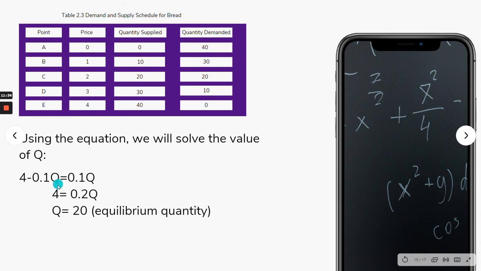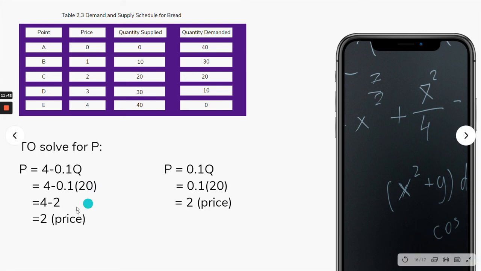So now that we have already solved the value of Q, we will solve the value of P. We go back to our two equations from earlier, P equals 4 minus 0.1 Q, and P equals 0.1 Q. So P equals 4 minus 0.1 times, what is our Q? 20.